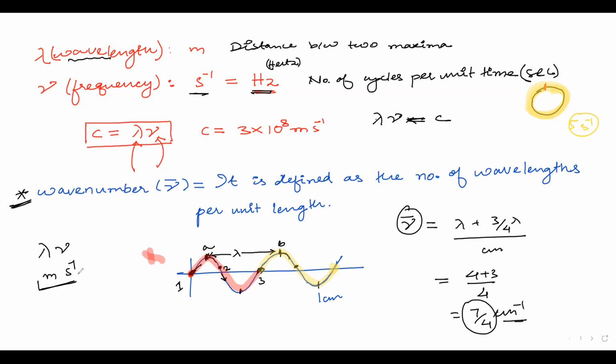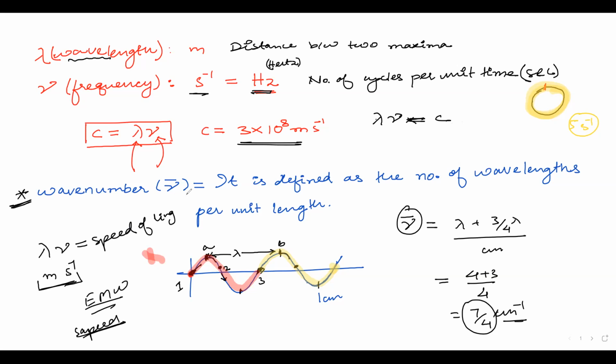This is also the unit of speed, so this is equal to the speed of light, or the speed of the wave. These are electromagnetic waves. They all have the same speed, and this speed is equal to 3 into 10 to the power 8 meter per second.